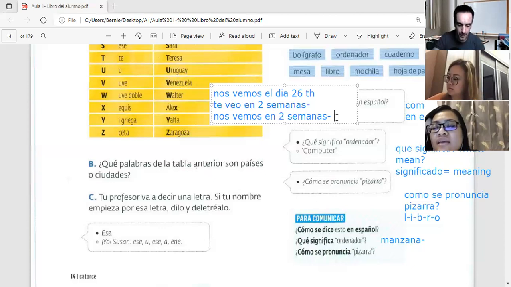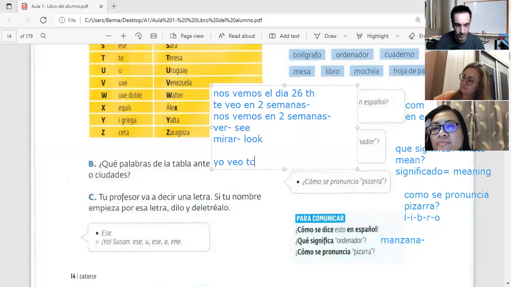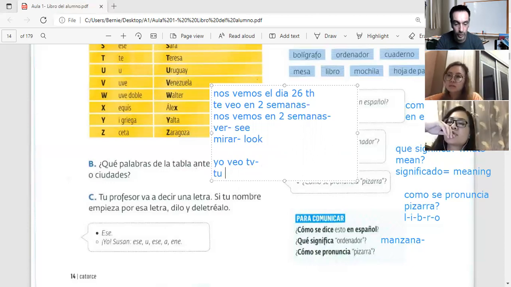Vemos came from ver, which means see. Mirar is look. So, yo veo, tú ves. See is the verb, you need to conjugate the verb. The verb is ver. Yo veo, tú ves. Everybody watches this kind of Korean what?